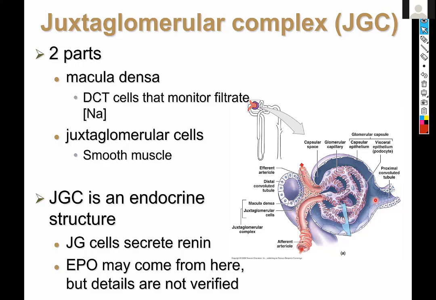If the filtrate's moving pretty fast, a lot of the pumps for sodium in the proximal convoluted tubule are not going to have a chance to grab the sodium as it passes because the sodium dissolved in the filtrate is going to be moving too quickly. So what that means is more sodium will end up in the distal convoluted tubule. So more sodium in the DCT indirectly means that filtrate's being formed really fast, which indirectly means that pressure in the glomerulus is high.